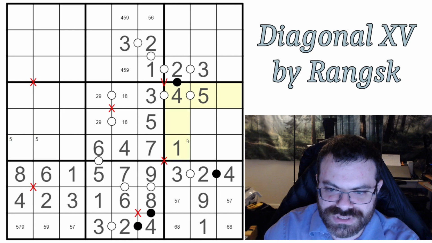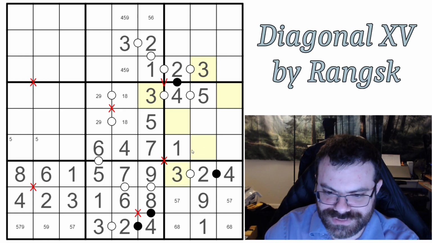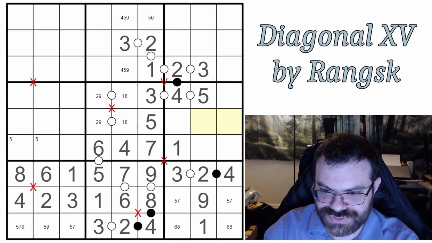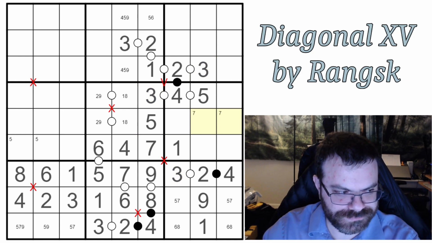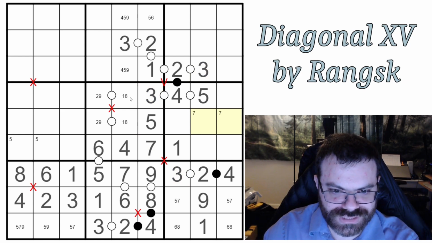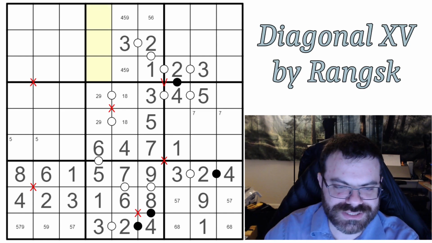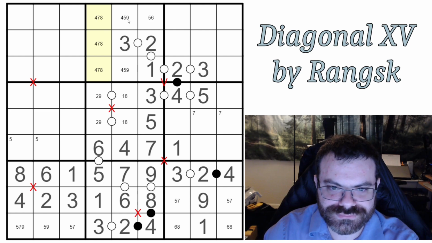If we look at where 7s can go in this box, this 3 sees that 7. This 3 sees that 7. And this 3 sees that 7, as well as there being a 7 in the row. So 7 is limited to these 2 spots. Additionally, this column has a triplet, so 4, 7, 8 in there. And so now these can't be 4, so this is 5, 9.